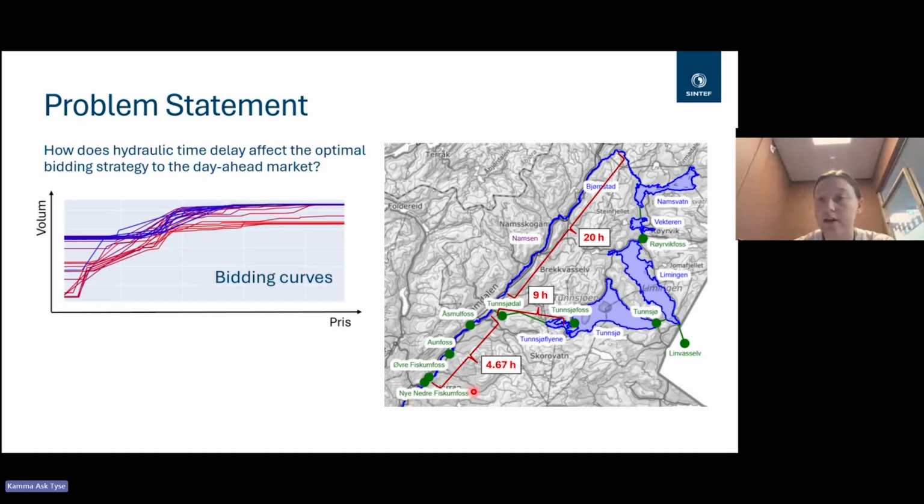If water is dispatched from this reservoir, Tyse, it takes 9 hours until it reaches the plant Tysedal, which is the largest plant in the watercourse. Then it takes almost 5 hours until the water flows along Namsen and reaches the downstream plant Nedre Fiskenfoss, which is the second largest plant in the watercourse.